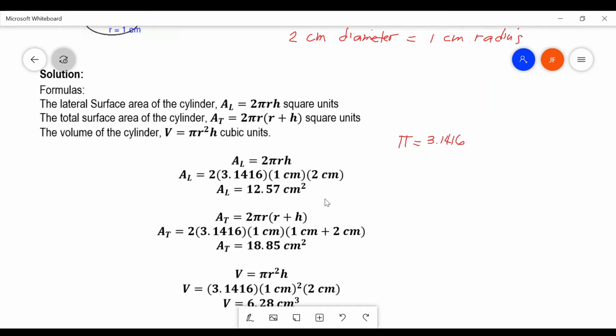I hope that sounds clear, because there are some mathematicians who are very strict in pronouncing this value. The proper way to pronounce this is 12 and 57 hundredths, but the usual way of reading this is 12.57 centimeters square or 12.57 square centimeter. That's the value of our lateral surface area.